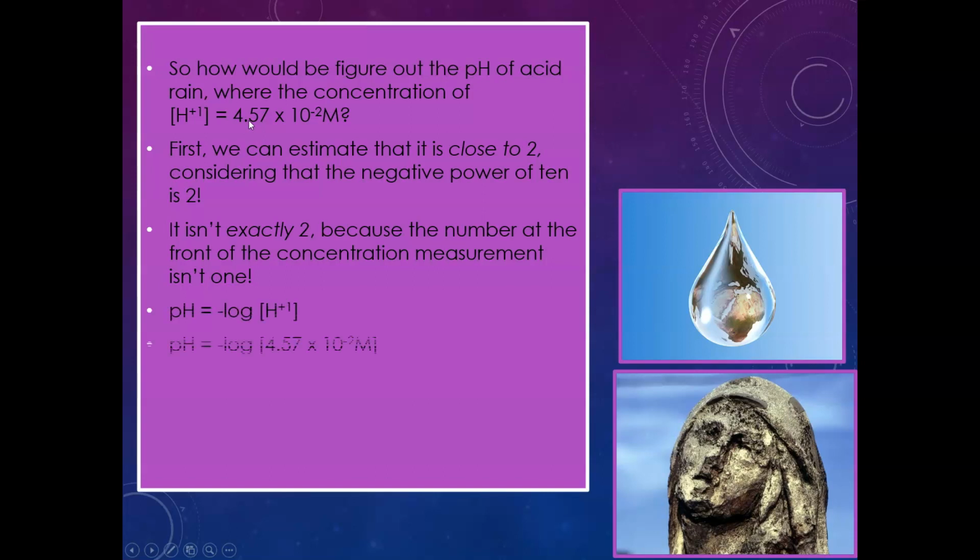So I put it in my pH calculation, and what I get is that this acid rain has a pH of 1.34. So it's close to 2, not exactly 2, but close. That gives us an estimate to work with. It gives us something to ask ourselves, does our answer look like what we were expecting our answer to look like?